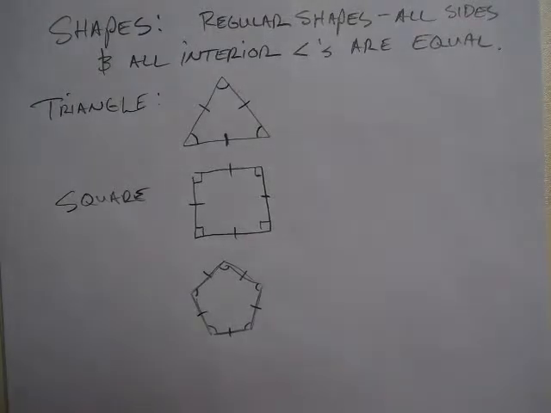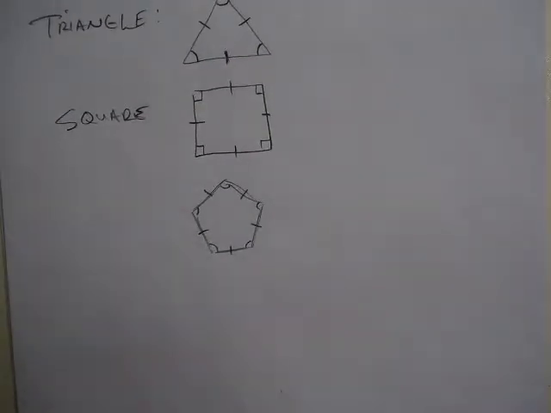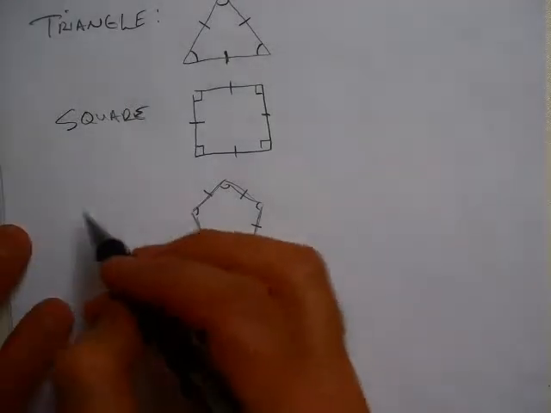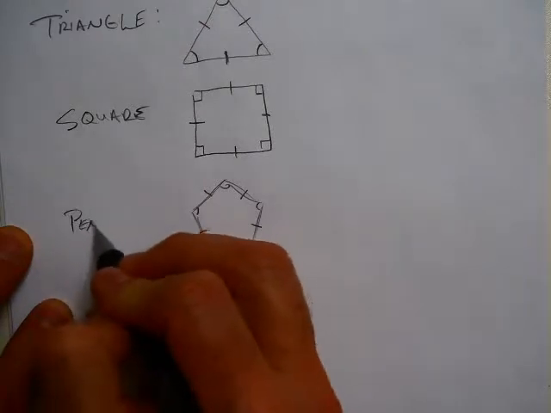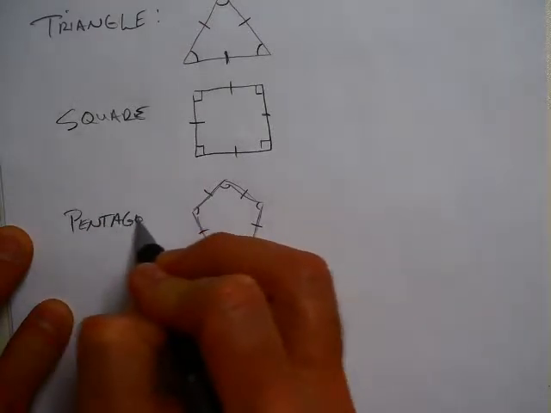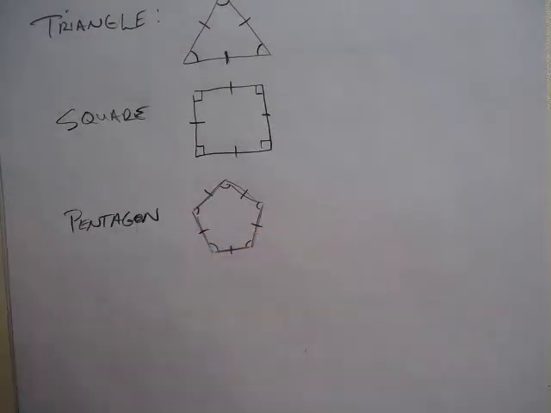What do we call a five-sided shape? Pentagon, yeah. This is a regular pentagon. All sides and all angles are equal, which makes it regular. This is a regular four-sided shape, a square.